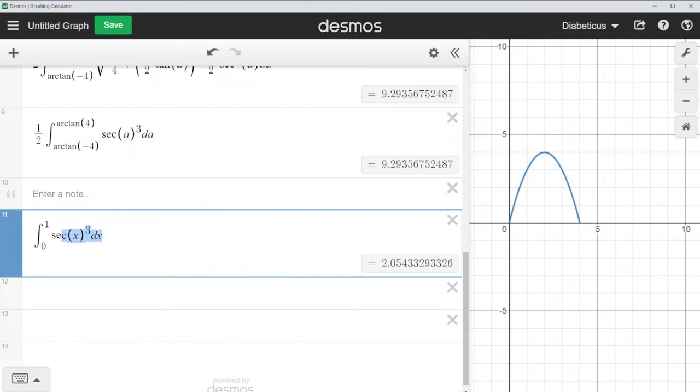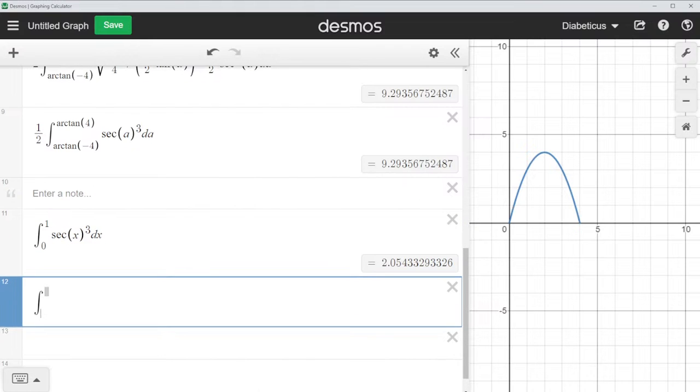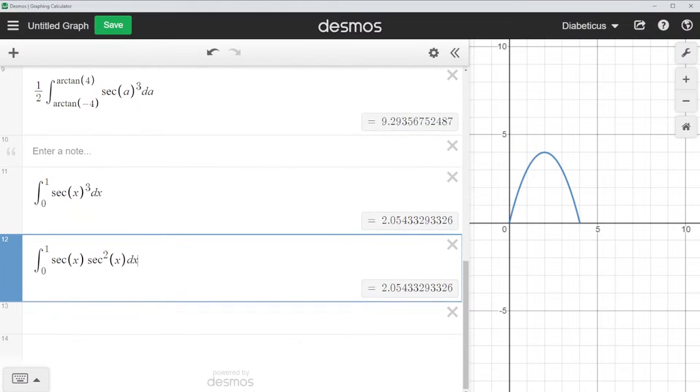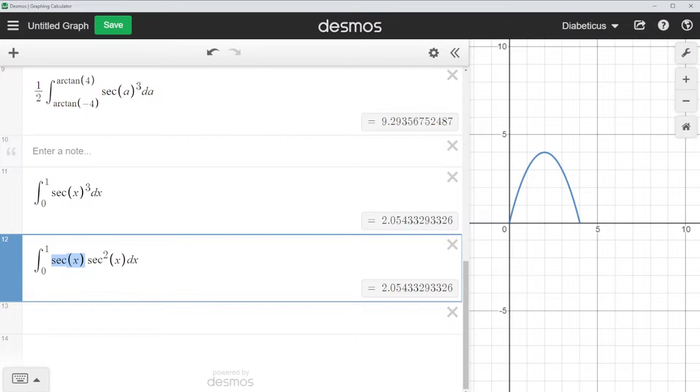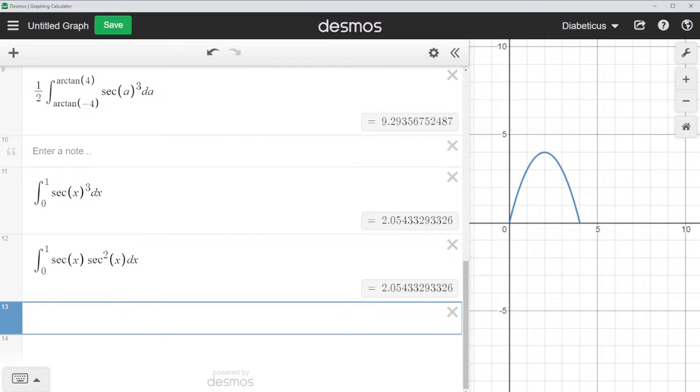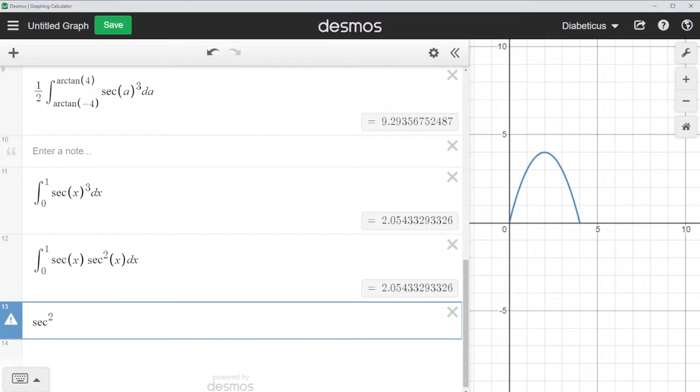Oh, okay. So one strategy, let me try this. 1 times secant x times secant squared x dx, okay? Now, let me do integration by parts. I have a different strategy for integration by parts if you know it. But basically for my case, hold on. Let me make this the u, I think. Secant squared x.